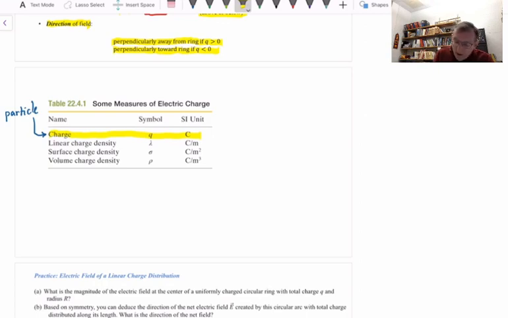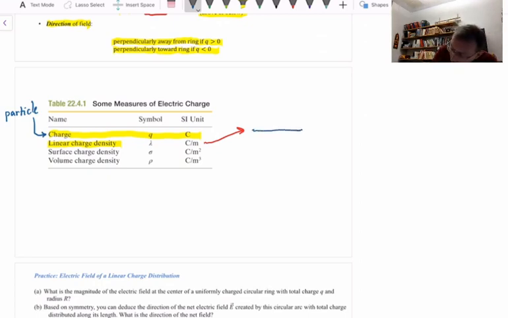What if it's what's called a linear charge density? That's for something that's shaped like it's basically one-dimensional, like a line, like this pencil. I'm talking about shapes like this, a line like that, like this pencil.